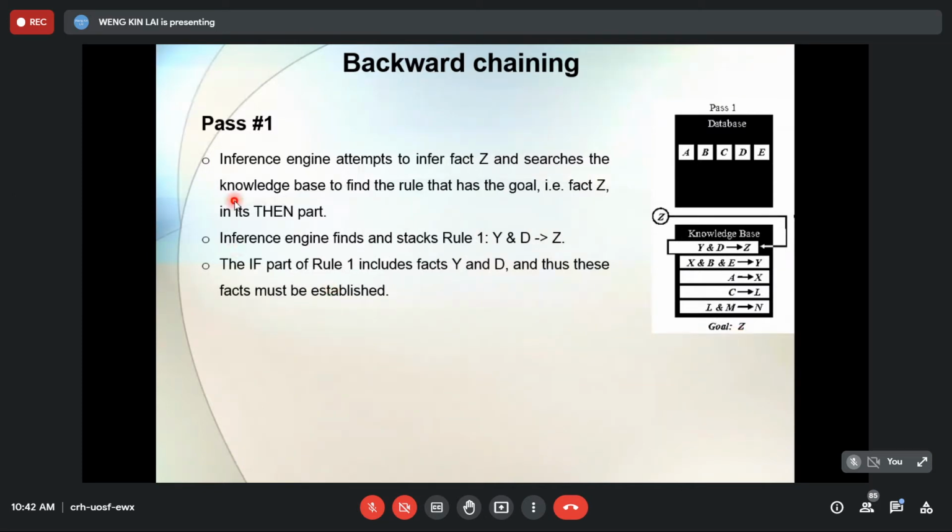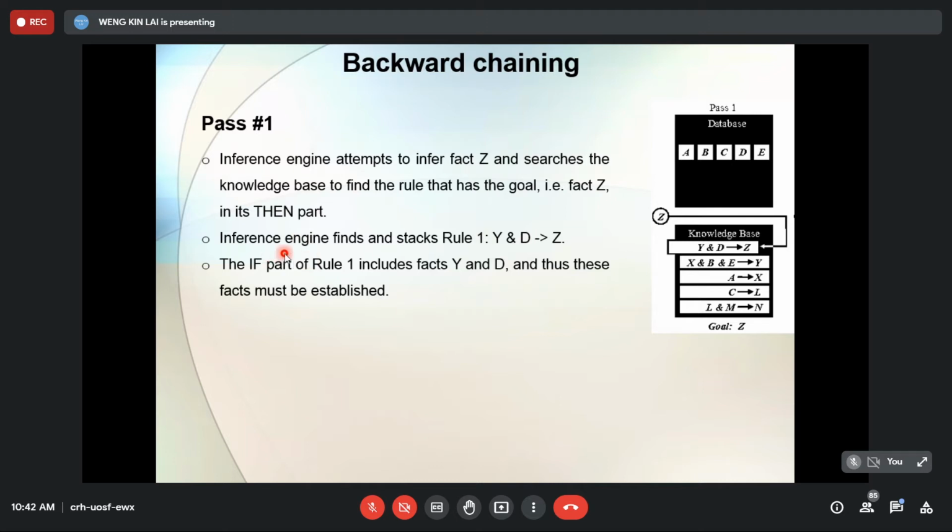So my inference engine will search the knowledge base to find the rules that have Z as the goal in the then part.